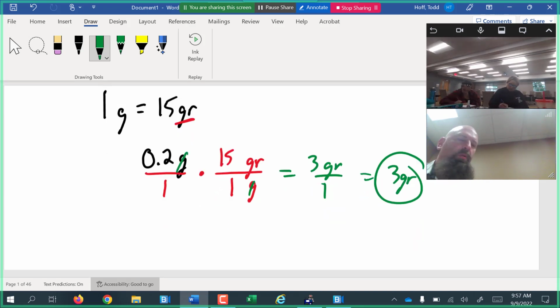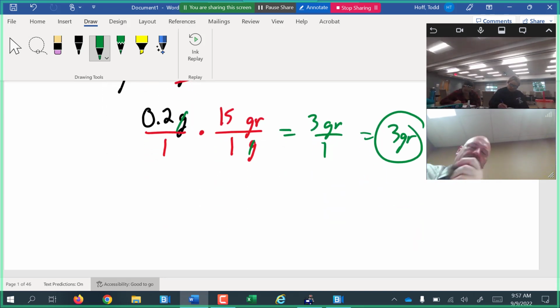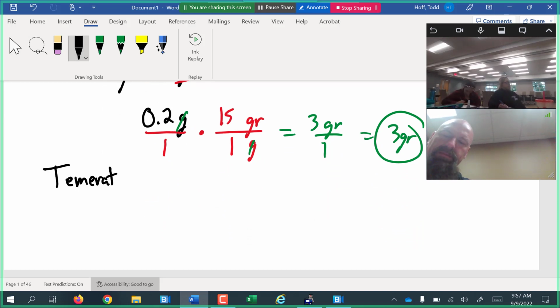The one conversion that we cannot use dimensional analysis on is temperature. And I can't spell today. There we go.